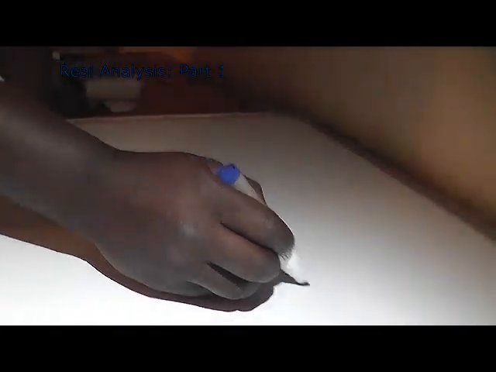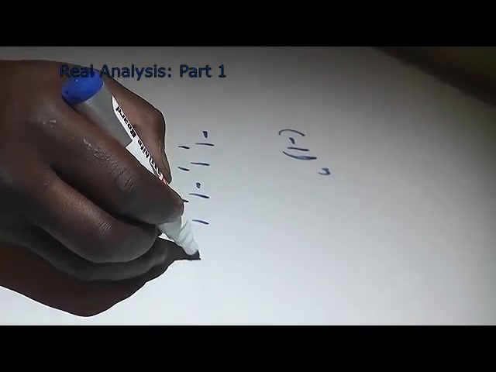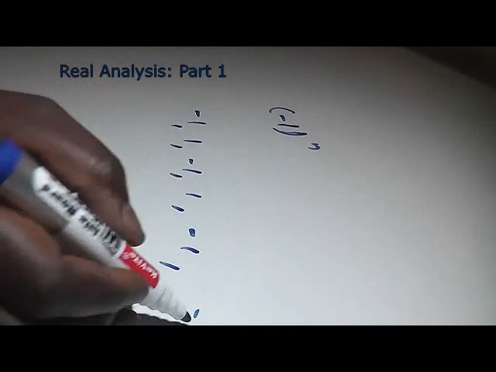Now we check out some sequences that may be bounded but may not converge. For example, minus 1 to the power n. If you check this out, it gives minus 1, 1, minus 1, 1, minus 1, 1. If you check out the set, it will give minus 1 or 1.